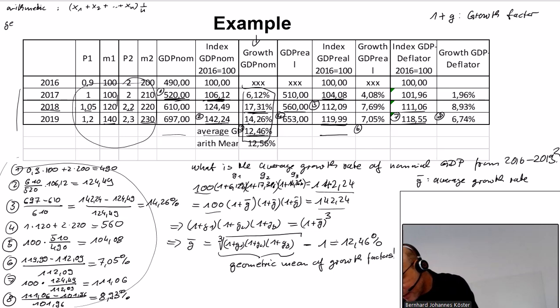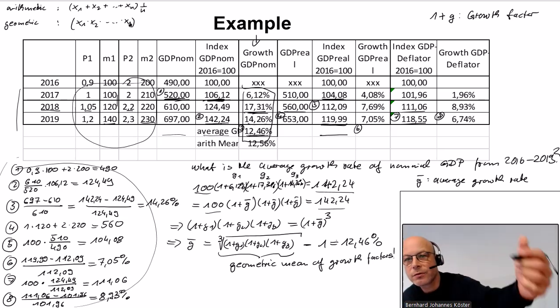And if you look at the geometric mean, then we have just x1 times x2 times up to xn. And now we have to take the nth root, and this means to the power of 1 over n.